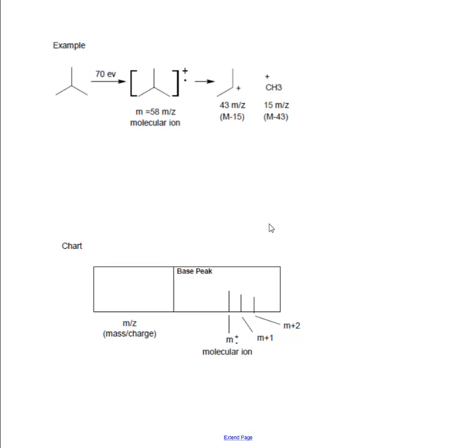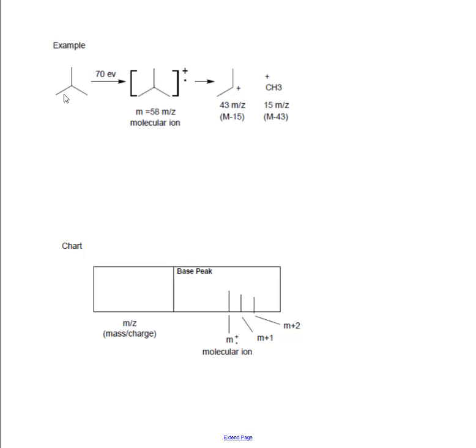this example here. So here's a molecule, and this is now part of our review sheet. I made it simple. So it's this carbon that has 3 methyls around it. When you hit it with a 70 electron volt electron, it's going to wind up pushing an electron out of this, and it doesn't really matter where.